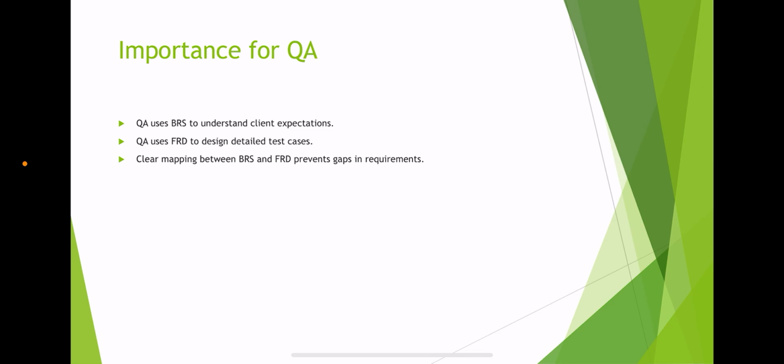A clear mapping between BRS and FRD prevents requirement gaps, so it is quite important in the life of QAs or testers. If QA finds a defect at the BRS and FRD stage, it saves a lot of cost, because we find the issues earlier in the software development life cycle. So that's why it is most important to involve the QA team in the BRS and FRD phase.